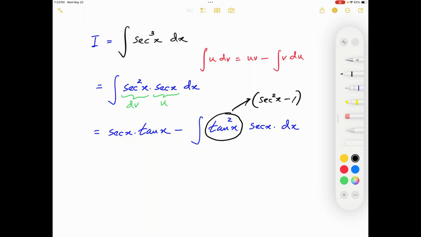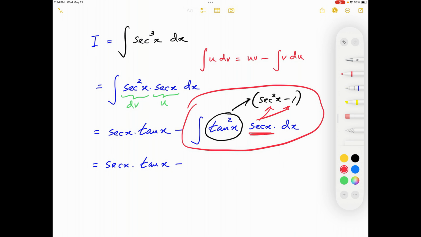Alright, what I have to do next is distribute this secant x term into each of these two terms inside parentheses. This is now equal to secant x times tangent x minus, since right here I have two terms, I'm going to write down this complete integration inside brackets.